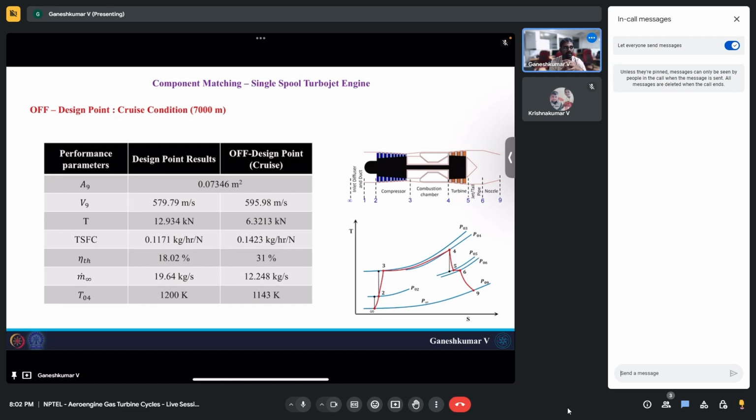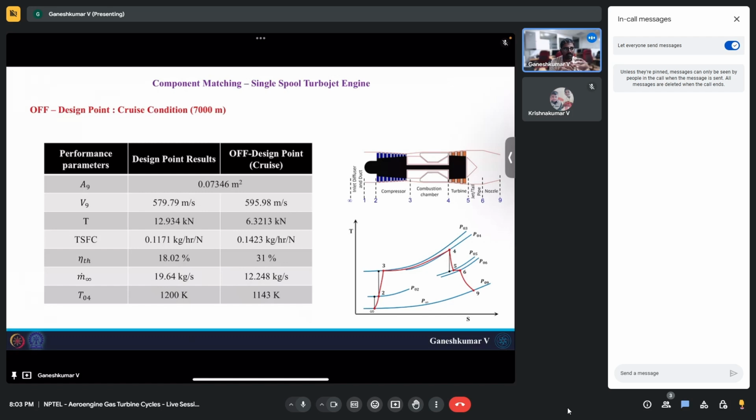So it will be used for certain missions, and the mission will require different thrust during different stages in your mission. You may require different thrust and different performances, and those performance and thrust will be obtained only through this component matching procedure. Okay, because your engine is designed and it has been installed in the aircraft. So if it is 2 or 4 engines, they will be installed in your aircraft.